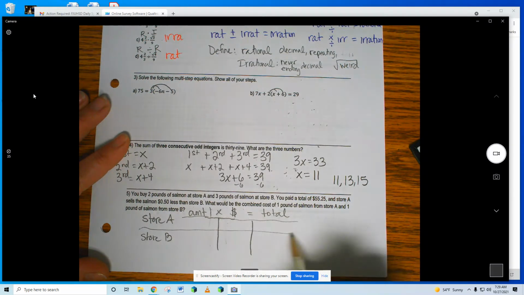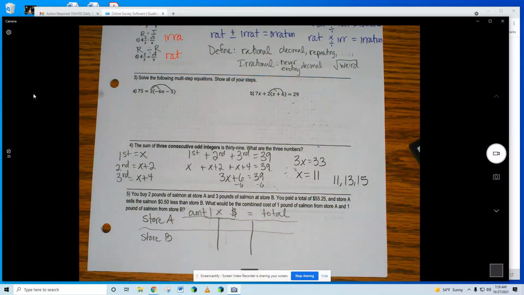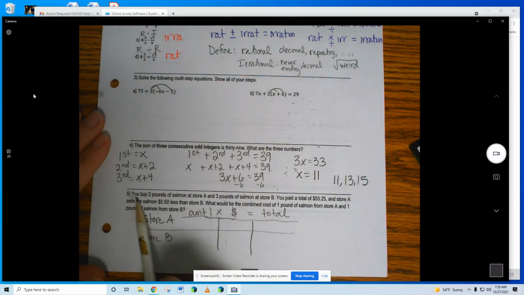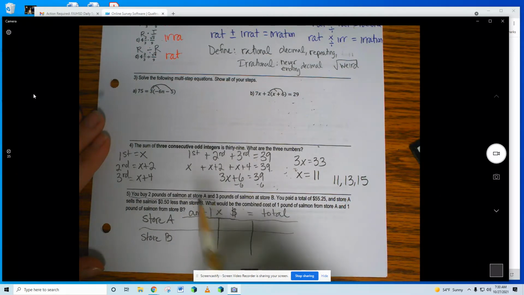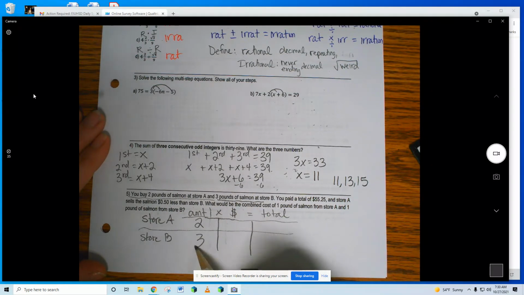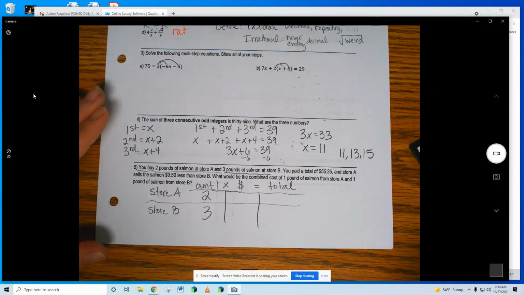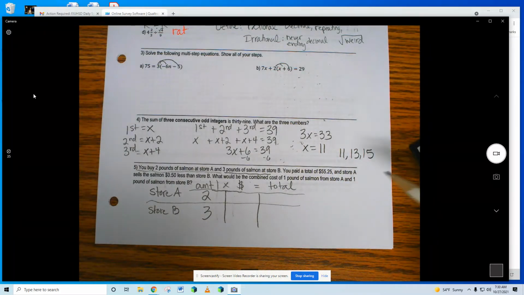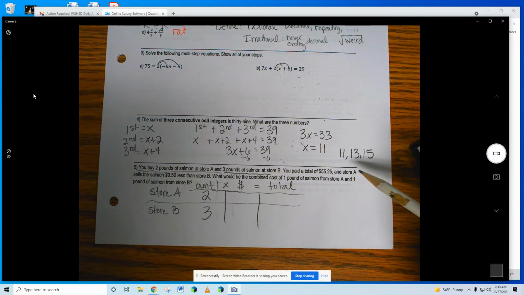Store A, how much did I buy and how much did it cost? So how much did I buy at store A? How many pounds? You buy 2 pounds of salmon at store A. 2 pounds. 3 pounds of salmon at store B. 3. You paid a total of $55.25, and store A sells the salmon for 50 cents less.